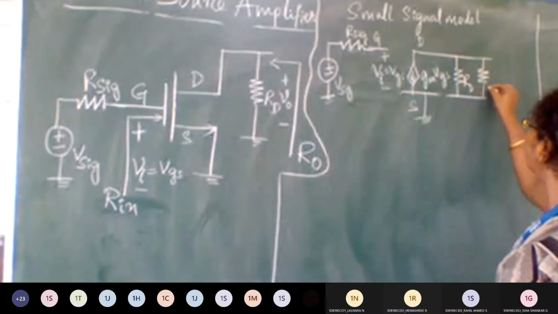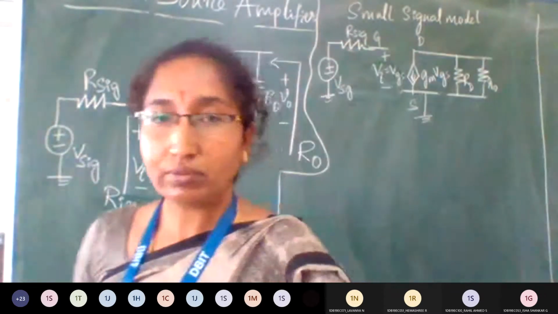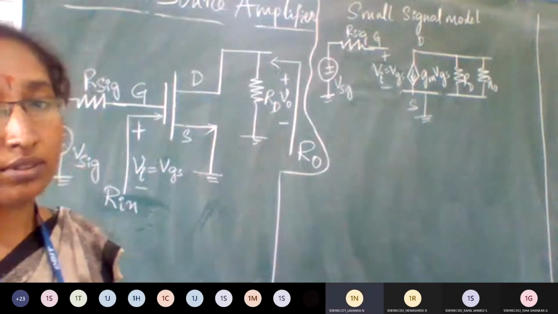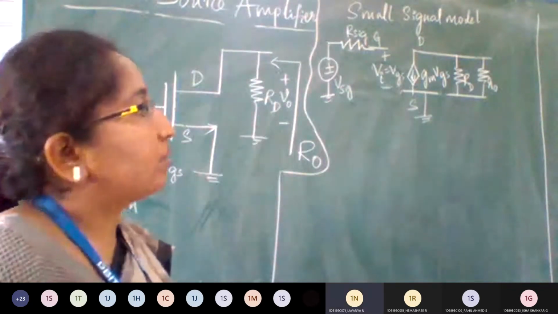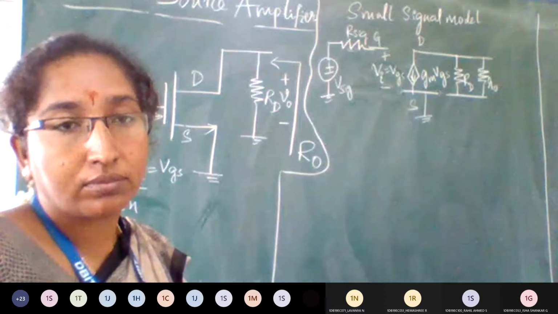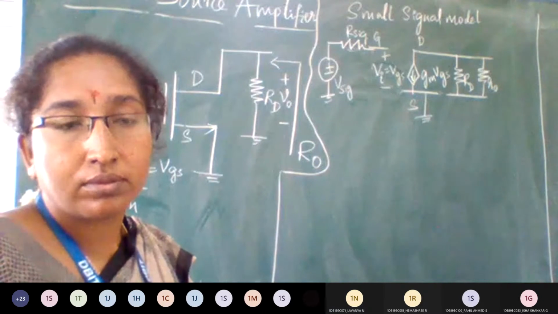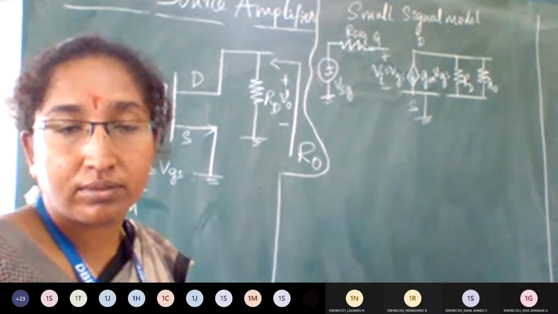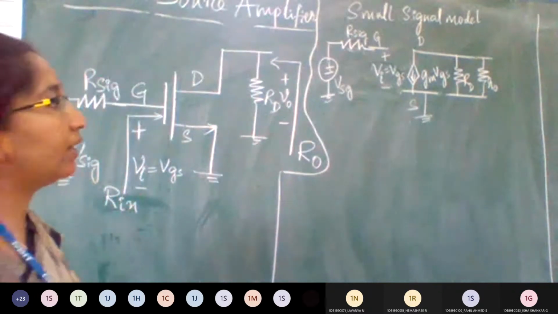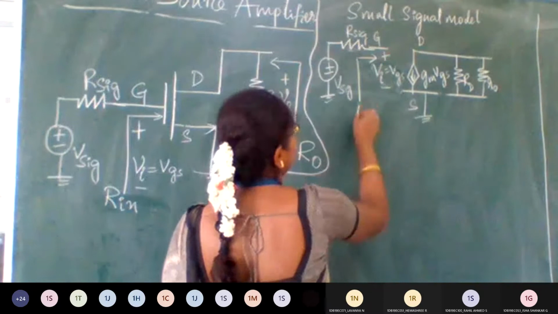So far I told you about r0. What is small r0? It is the finite output resistance. What is the formula to find r0? It is VA by ID, that is r0. Where are we going to find the input resistance?